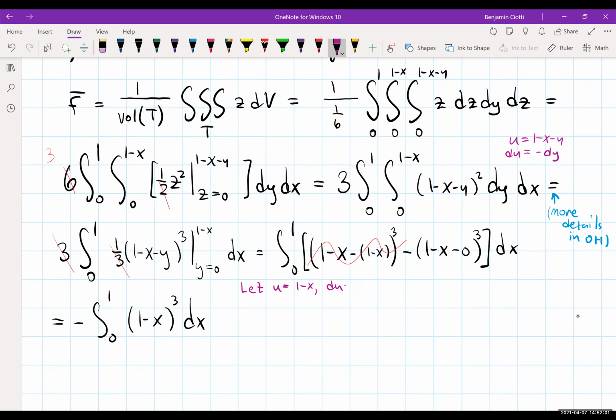U is 1 minus x and du is negative dx. And again, I can do more details about this in office hours if anyone wants to see. So I will get positive 1 minus x to the 4th over 4, equals 0 to 1. Hold on a second.